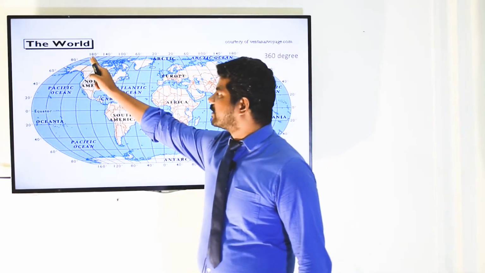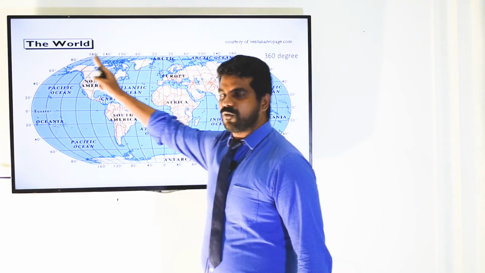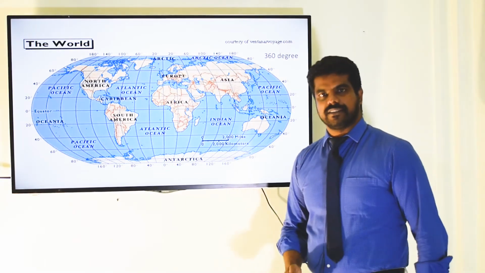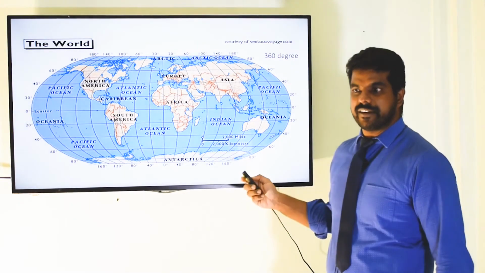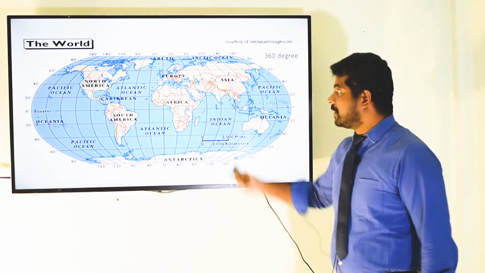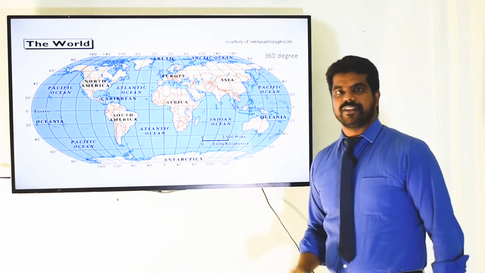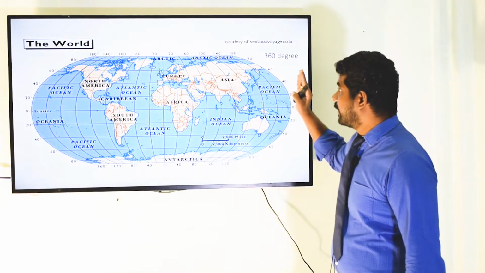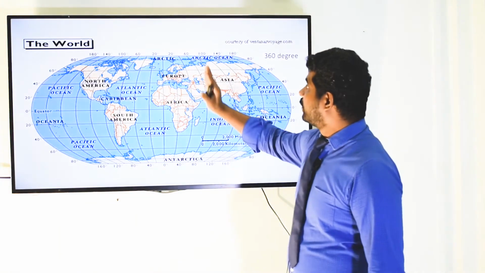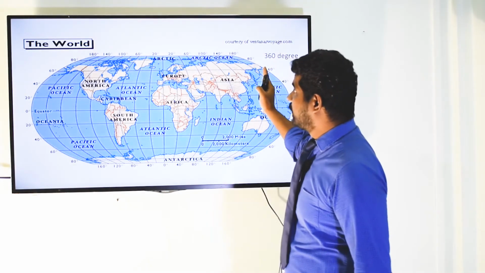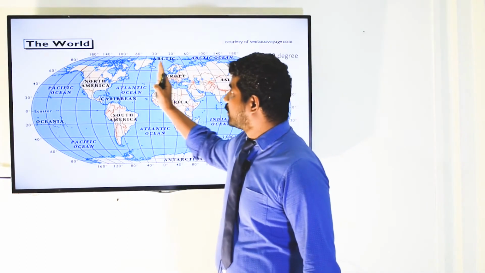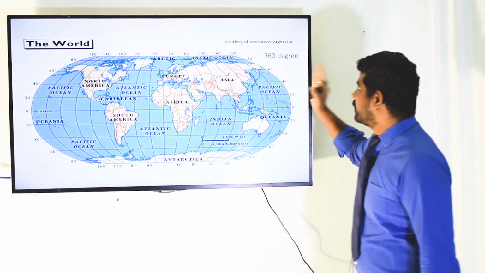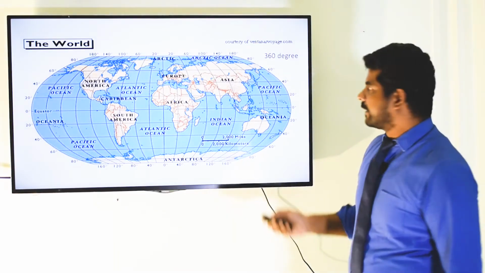So if you add this 180 plus this 180, we will have 360 degrees. So 360 degrees are there in longitude lines, right? So remember, from the center to east we have 180 degree, and from the center 0 degree to west we have 180 degree. Totally we have 360 degrees. All right.